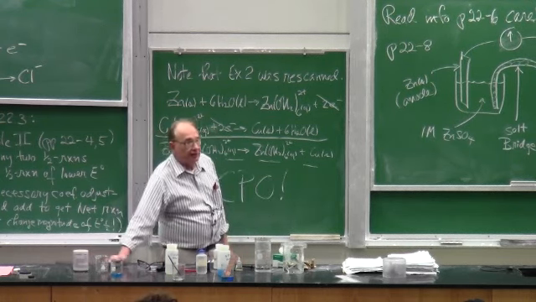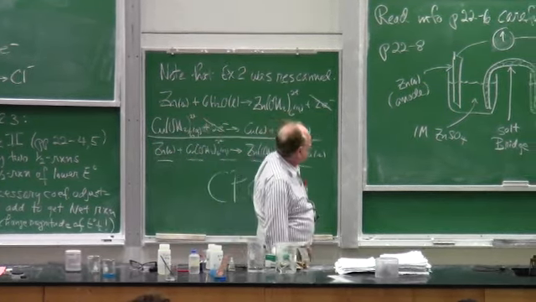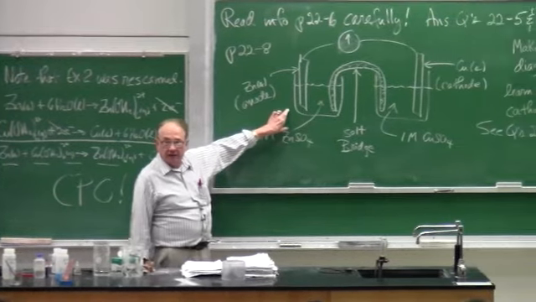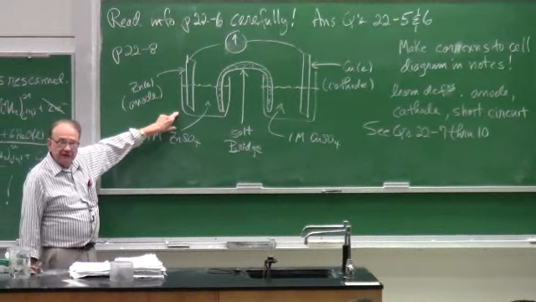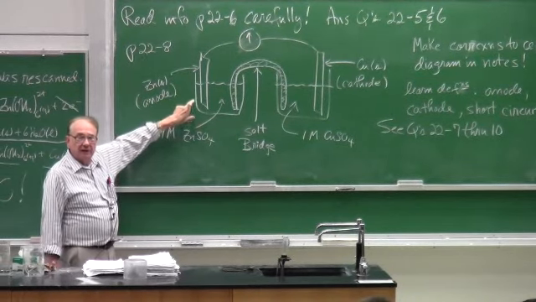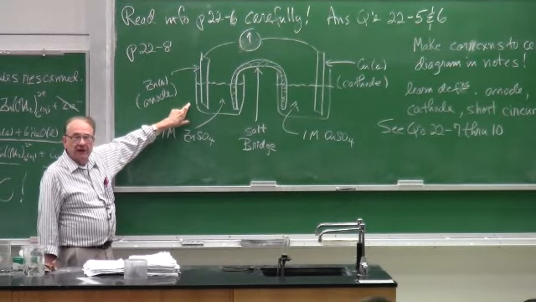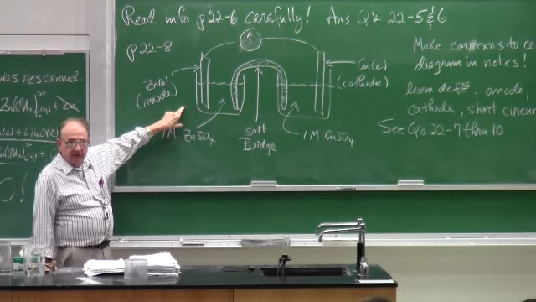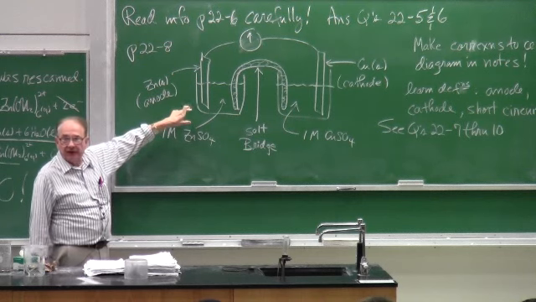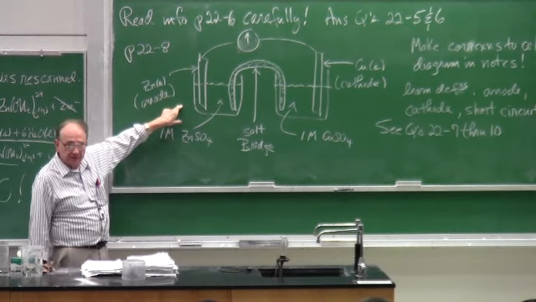When you sketch these things, it's standard practice to sketch the half cell, because in a half cell, a half reaction occurs. It's standard practice to sketch the half cell on the left in which oxidation takes place. And the half cell sketched on the right will be the half cell in which reduction takes place.